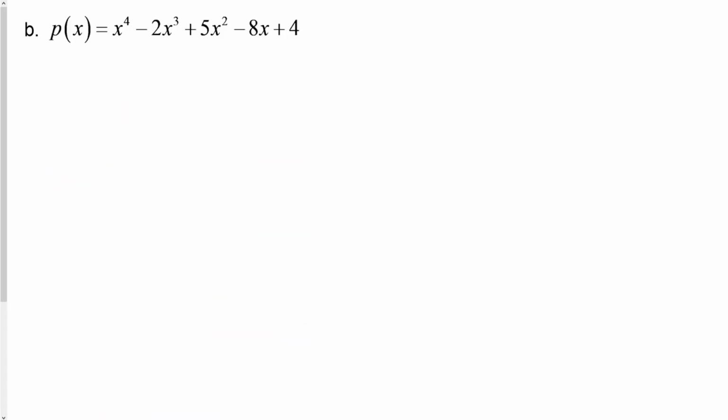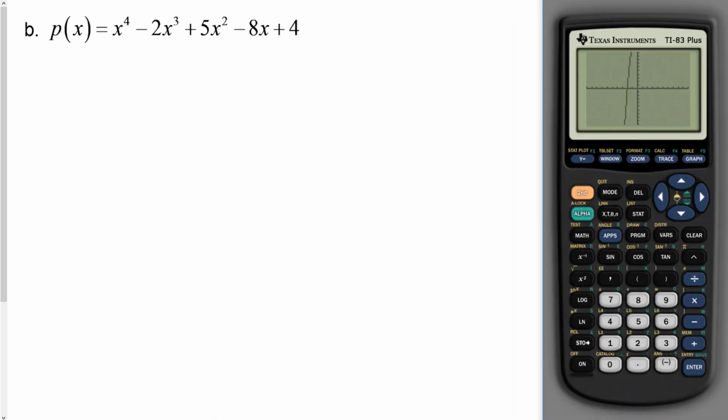Part B, p of x equals x to the 4th minus 2x cubed plus 5x squared minus 8x plus 4. So again, we'll start with the calculator and graph it and see what zeros we can come up with initially through the graph.